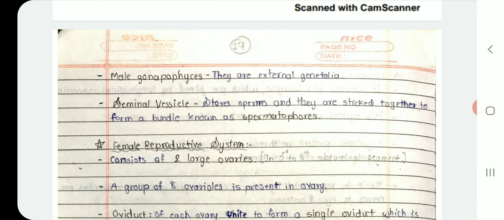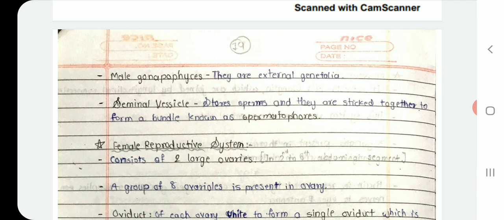So in the seminal vesicles, you can see the temporary storage of the sperms. When the sperms are stored over here, they stick to each other and form a bunch-like structure which is known as spermatophores.